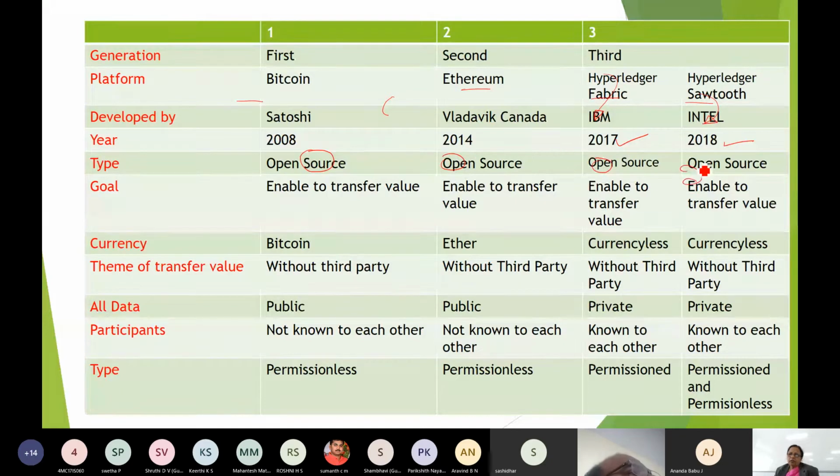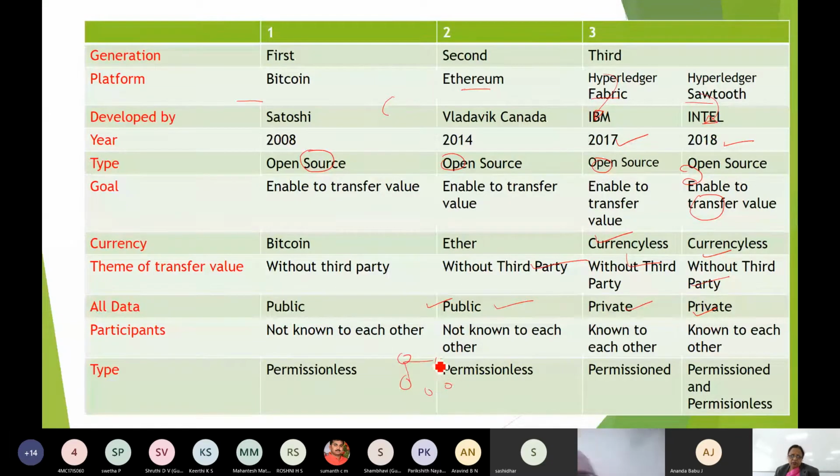All have the facility to transfer value. These two are currencyless. No third party intervention here, and here also no third party intervention. This is public. These two are private permissioned blockchain networks, where participants are known to each other.